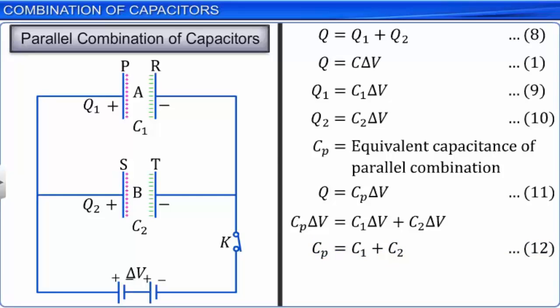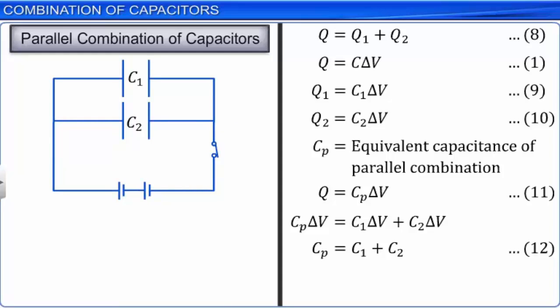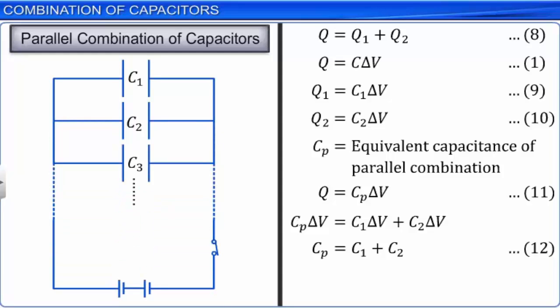If n number of capacitors with capacitances C1, C2, C3, and so on up to Cn are connected in parallel, then the equivalent capacitance of the combination Cp is given by Cp is equal to C1 plus C2 plus C3 plus so on plus Cn.